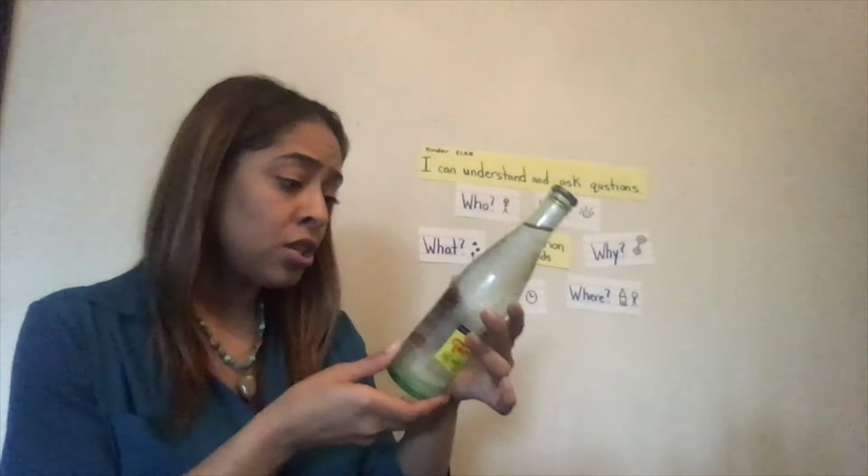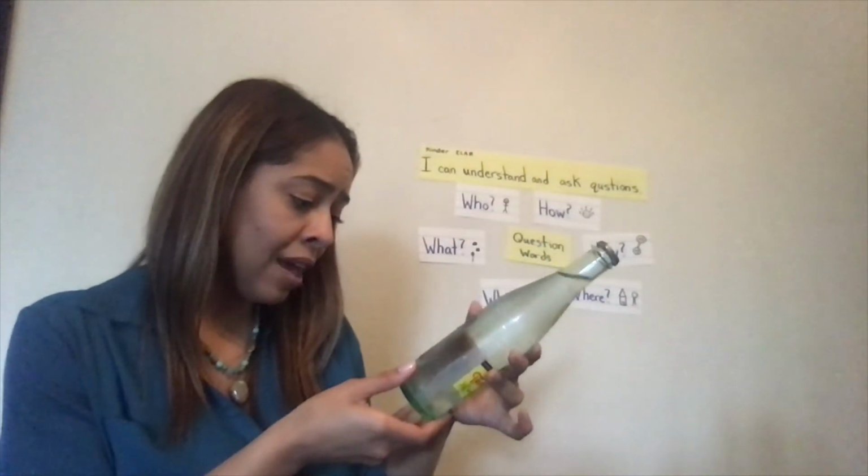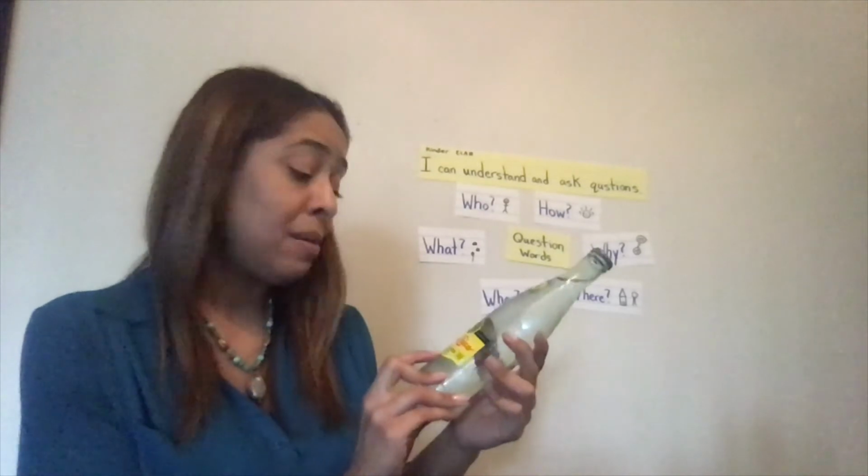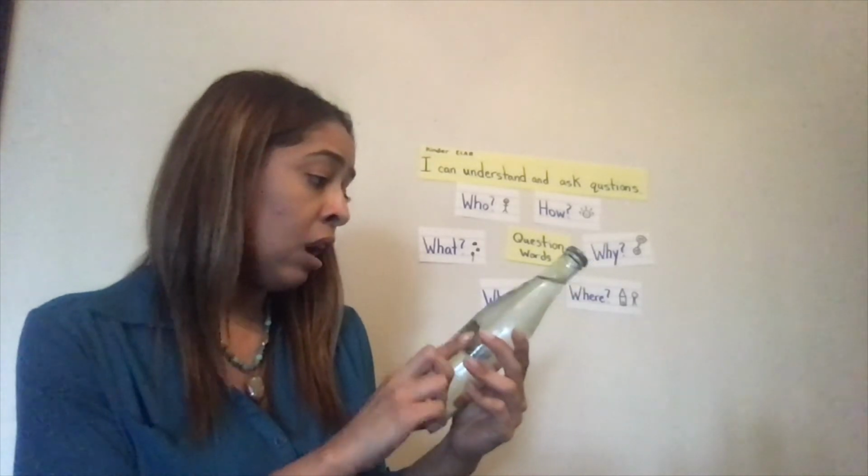Well, as far as who, I can tell you that looking at the label, it says it's made in Monterrey, Mexico. It doesn't say who makes it, so I'm going to assume that it's the Topo Chico company that makes it.